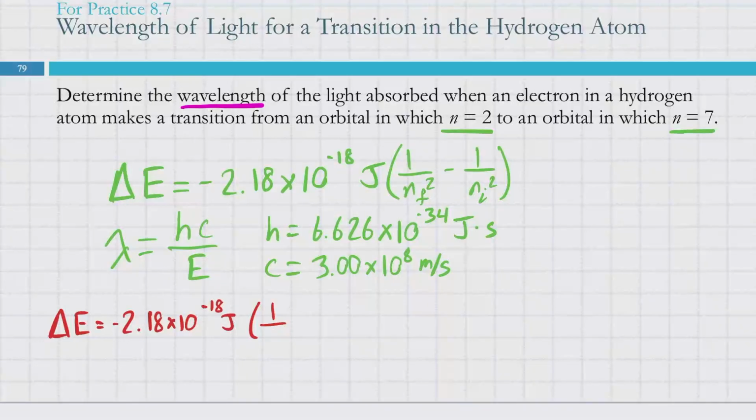Let's do that in green. Minus 1 over 2 squared. So 1 over 49 minus 1 over 4.